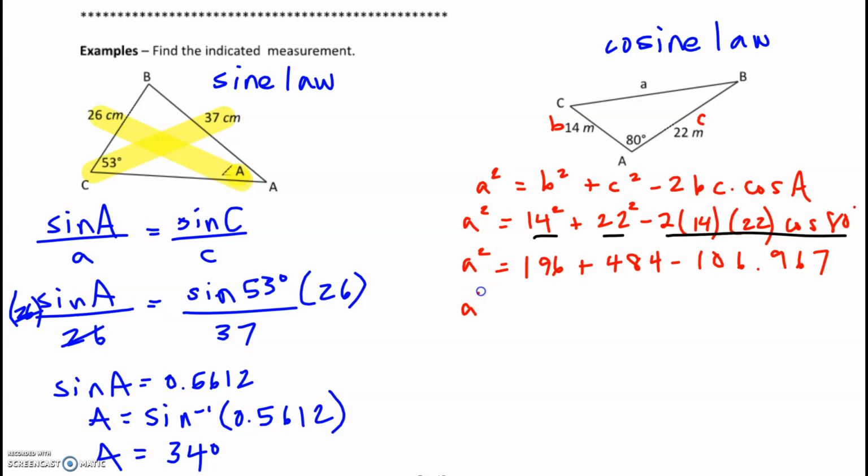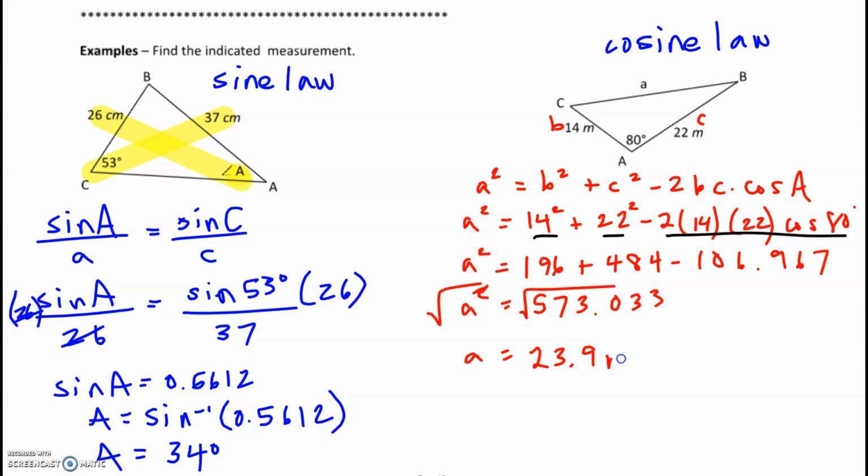Okay, let's go ahead and add and then subtract those values. So 196 plus 484 minus 106.967 gives me 573.033. Okay, and then we'll square root both sides to get A by itself, and we get 23.9 meters.